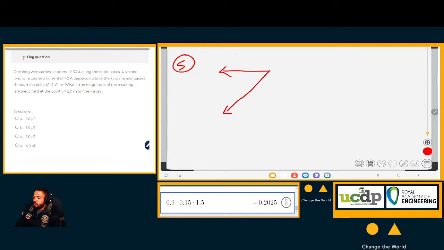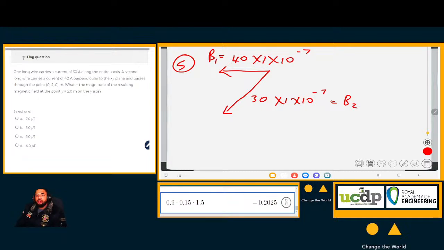The one along the x direction is 40 times 1 times 10 to the negative 7, and the magnetic field along the other direction is equal to 30 times 1 times 10 to the negative 7. Okay, so there we have these two magnetic fields.